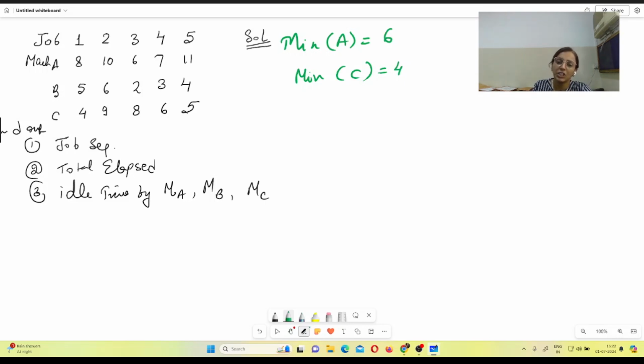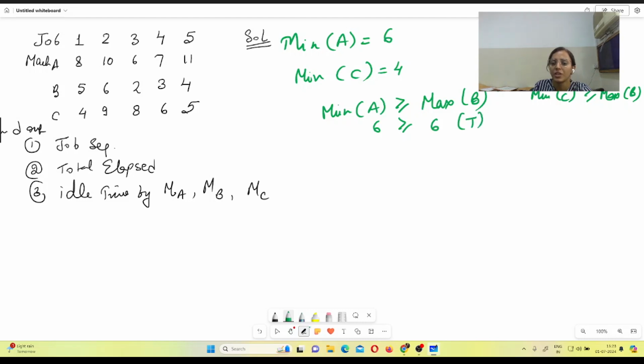Now apply the condition which was given. The minimum value of machine A should be greater than or equal to the maximum value of machine B. This is one condition. The second condition is that the minimum value of machine C should be greater than or equal to the maximum value of machine B. Now put in the values. The minimum value of machine A is 6, which is greater than or equal to the maximum value 6.